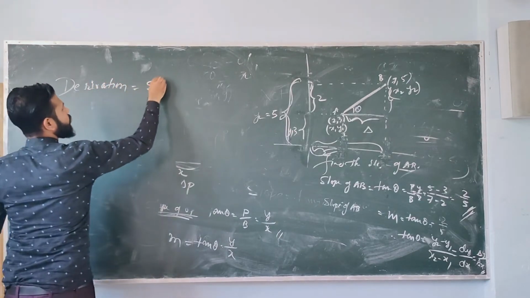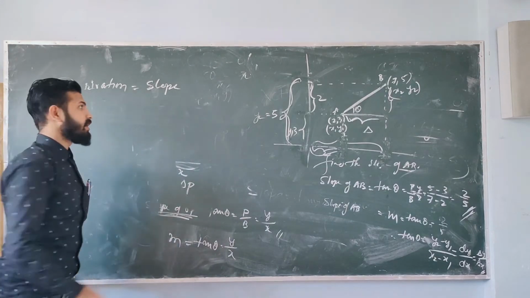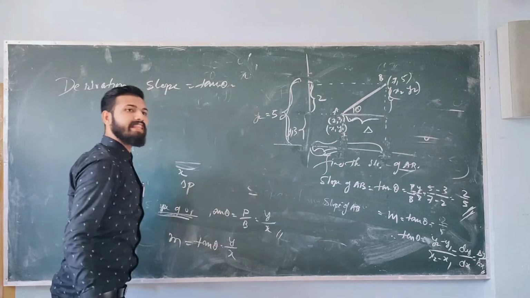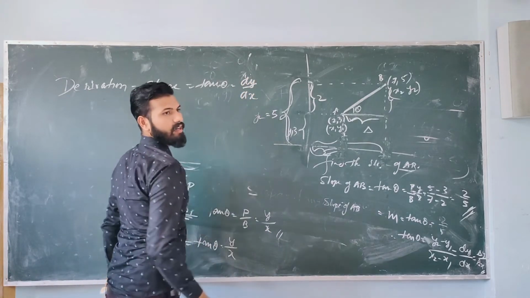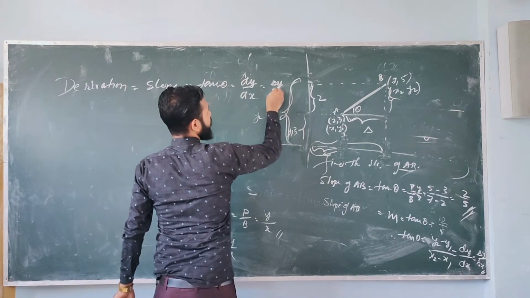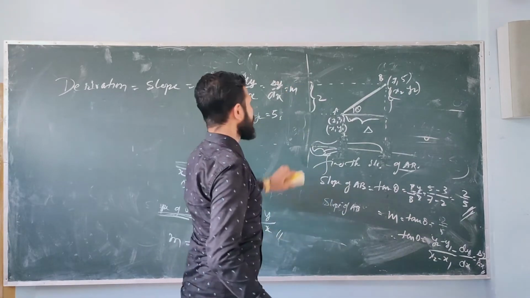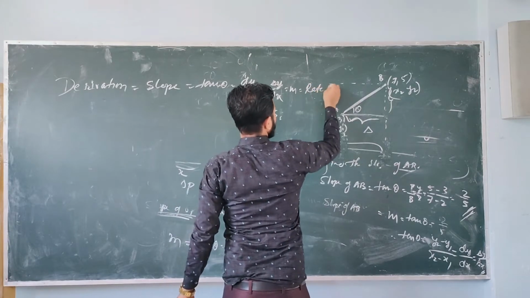Derivation is slope. Derivation means slope. Slope means tan theta. Tan theta means change in y by change in x. And this also means dy by dx. This also means m. This also means rate of change.